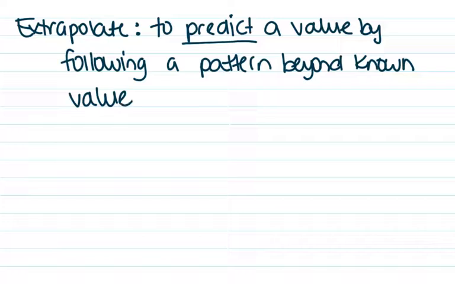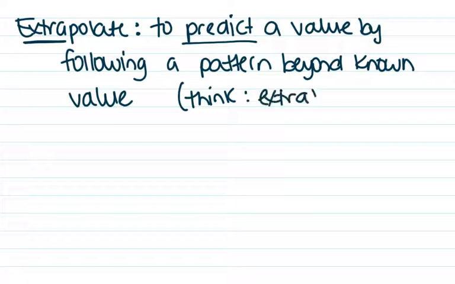So you're going past what you know. A good way to remember this is to think extra, because you're extrapolating. So I'm just going to write that here. Think extra.